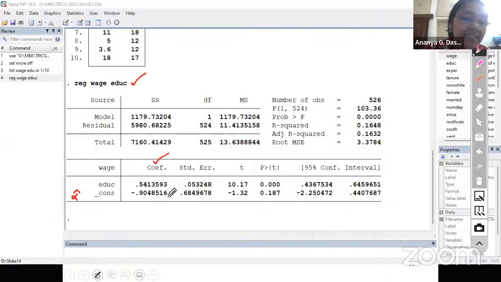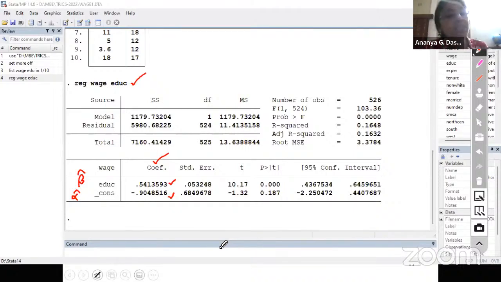My alpha hat is minus 0.9 and my beta hat, the coefficient of education, is 0.54. This is telling me that an extra year of education increases wages by $0.54, or just more than 50 cents. These numbers are obtained using those particular formulae.